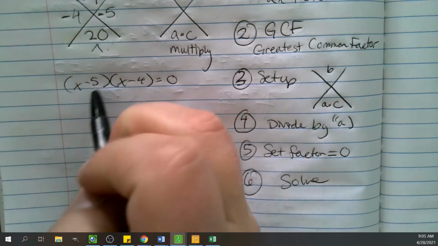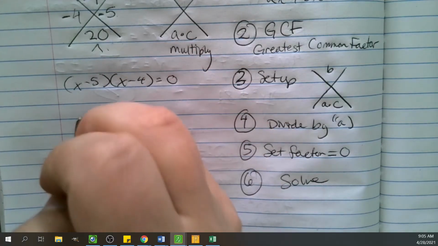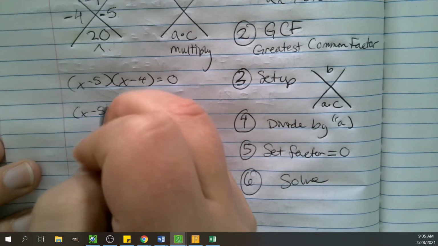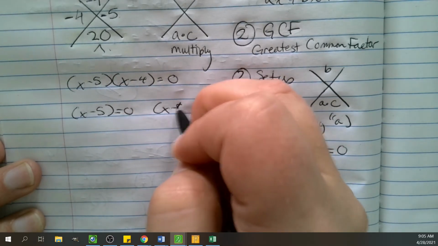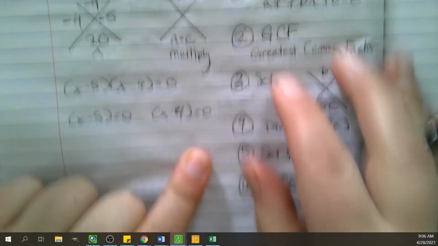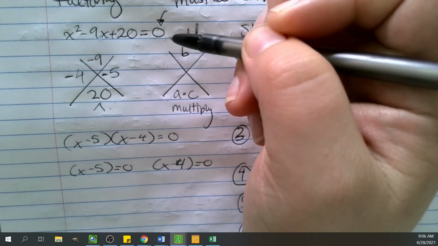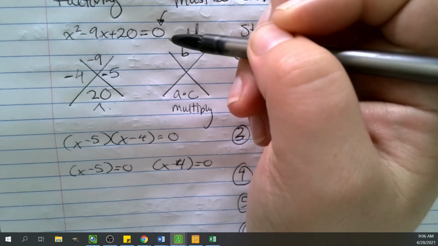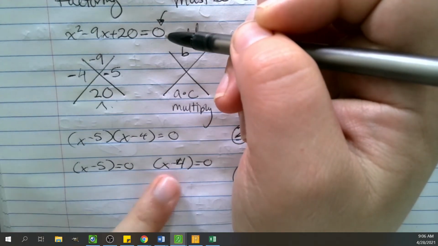So you're just going to take this group and set it equal to 0, and this group and set it equal to 0. Now the reason we can't solve this unless this is 0 is that 0 is the only number in the entire universe that we know one of these has to be 0.